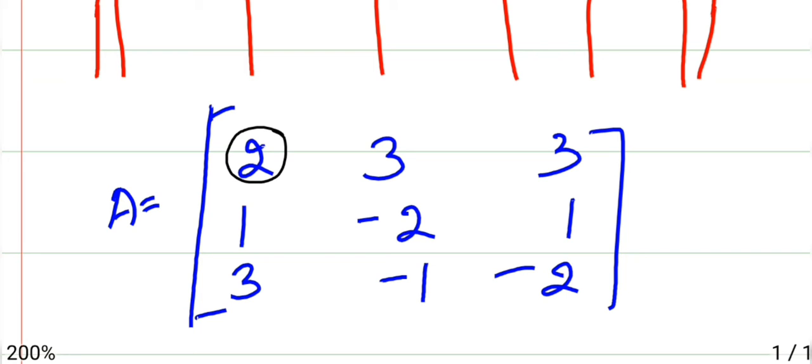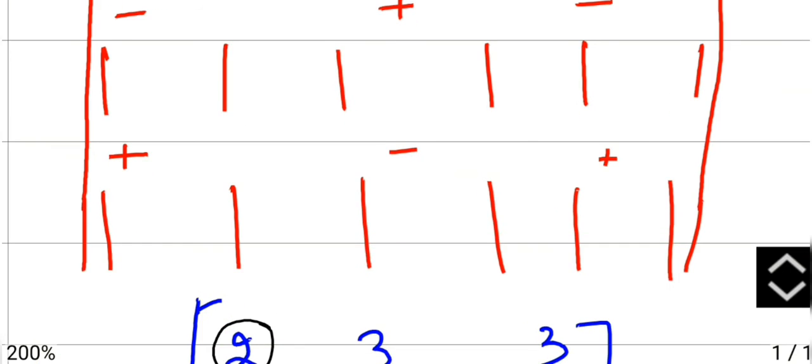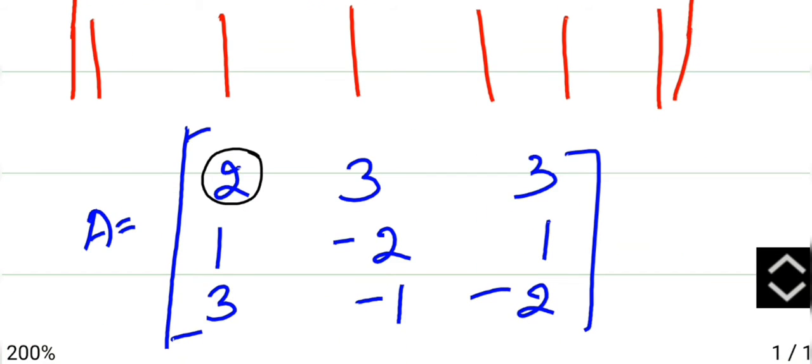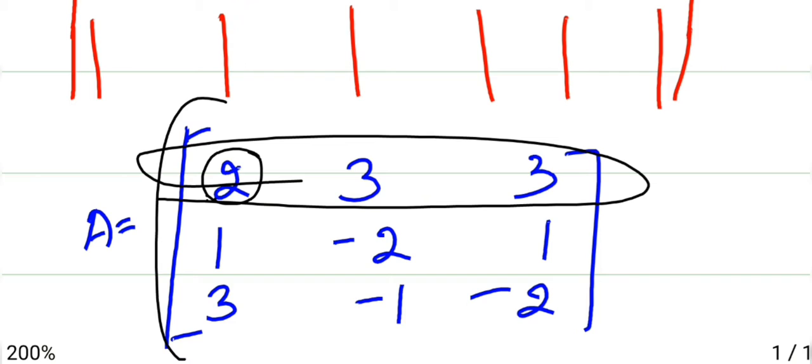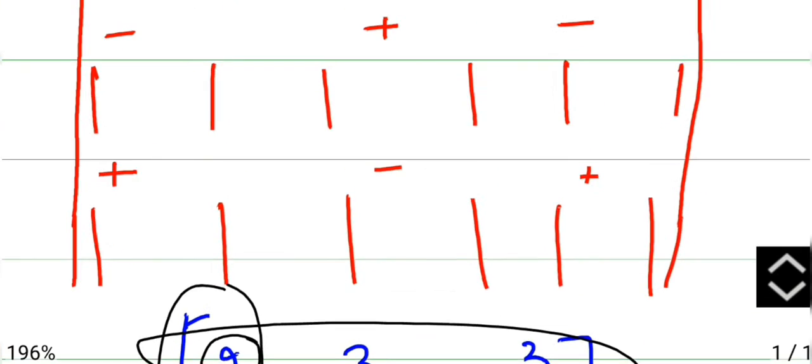That row and that column, you have already done this. So when I am taking that 2, that row and that column I am not going to consider. So whatever is remaining, I will write as it is. Minus 2, 1, minus 1, minus 2.